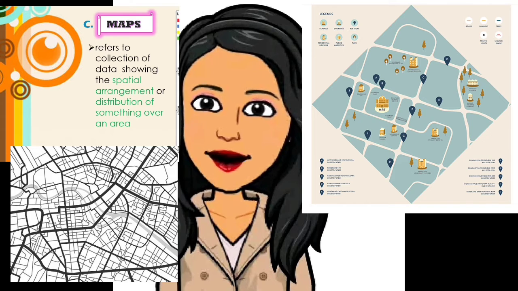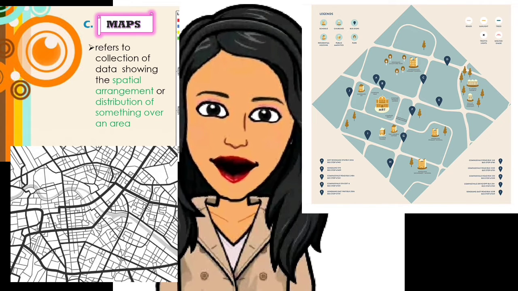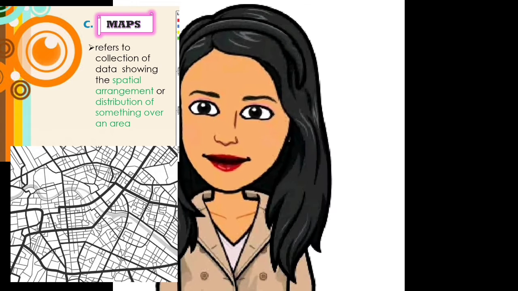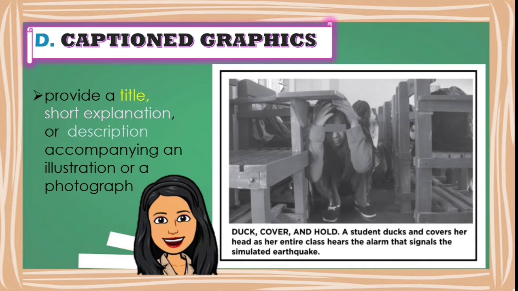Maps refer to a collection of data showing the spatial arrangement or distribution of something over an area. Next is caption graphics. A caption graphic provides a title, short explanation, or description accompanying an illustration or a photograph. We can see in the example that there is a text below the image, and that is what we call a caption.